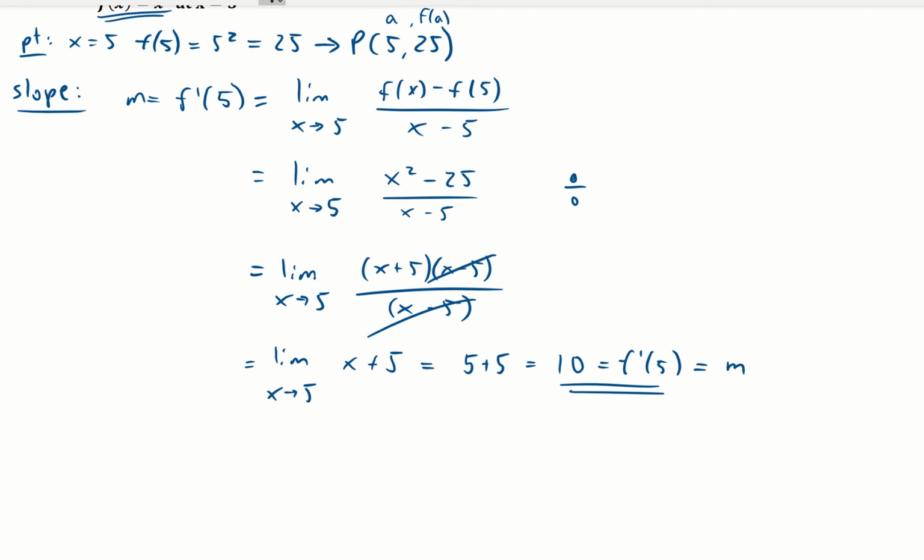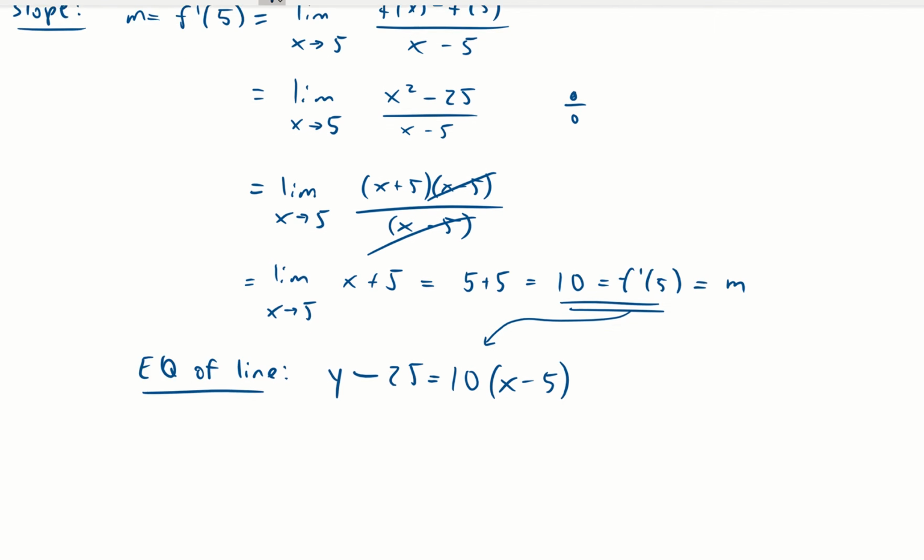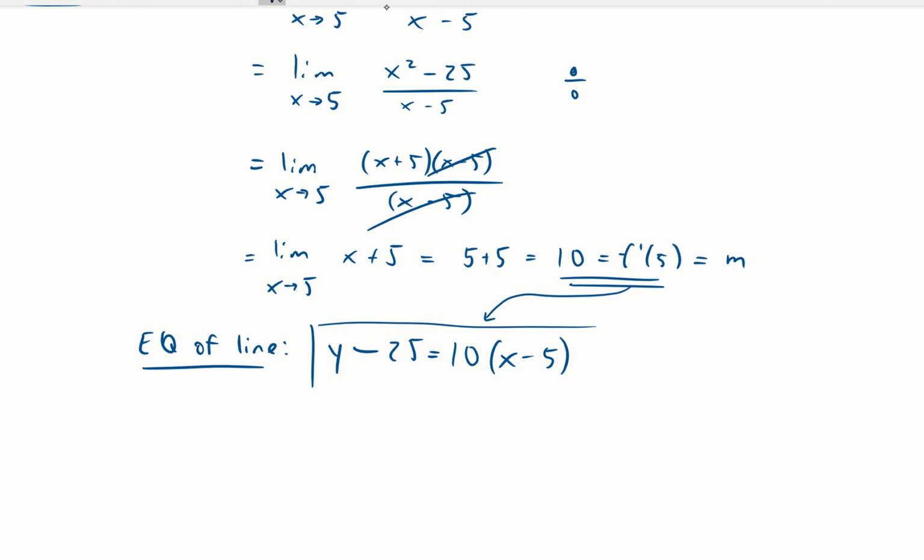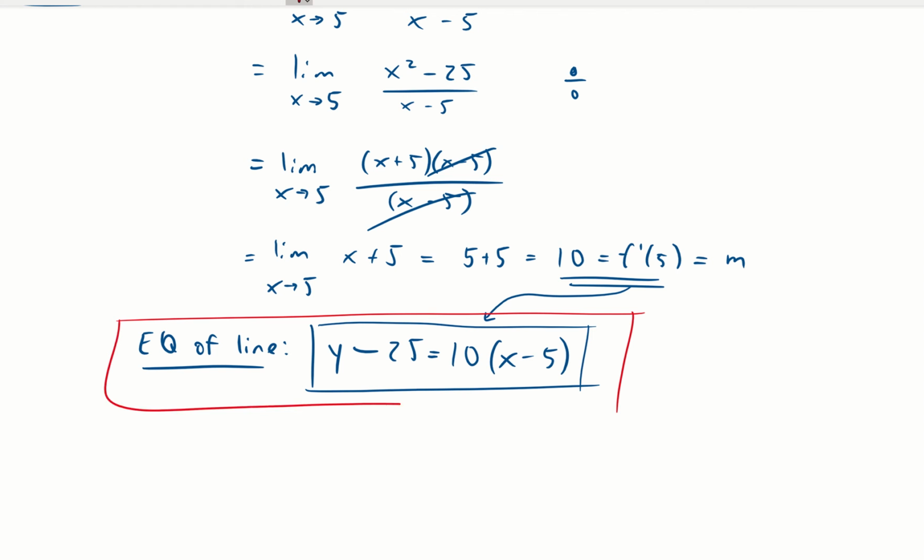The equation of the tangent line is y minus the known y coordinate, 25, equal to the slope, f prime at 5, times x minus the particular x coordinate. There is our equation of the line. Y minus 25 equals 10 times x minus 5.